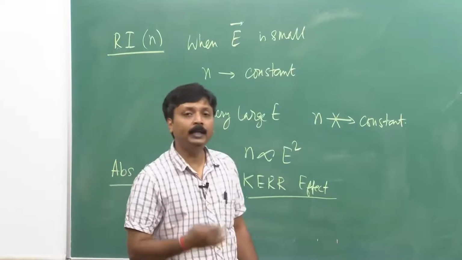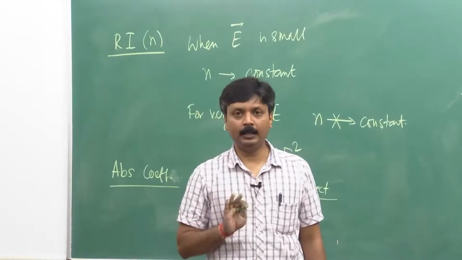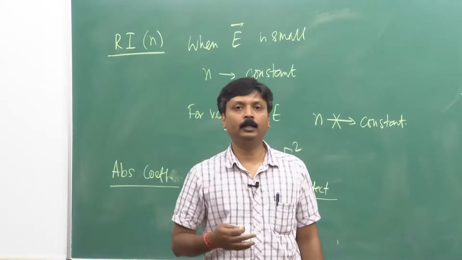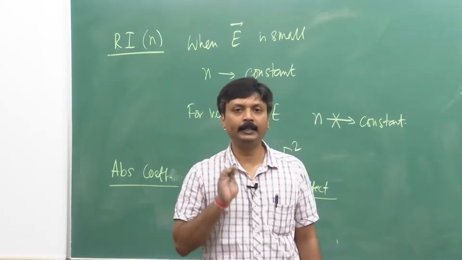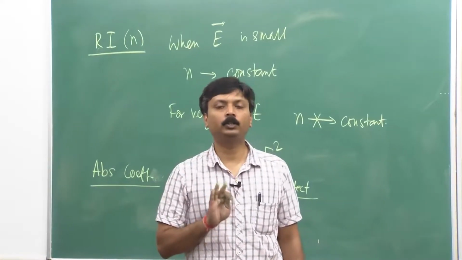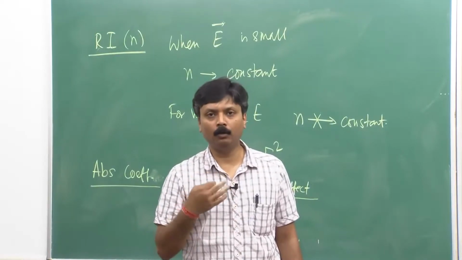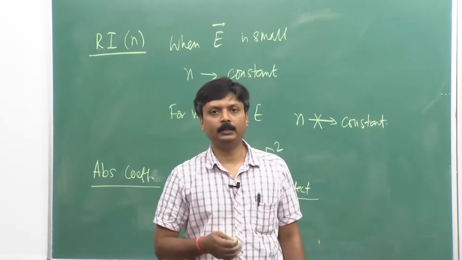When I increase the intensity, Lambert-Beer's law is no longer valid, and we incorporate nonlinearity into the system. We will come back with much more detail about different orders of nonlinearity and how these optical nonlinearities are applied in the following lectures. Thank you very much.